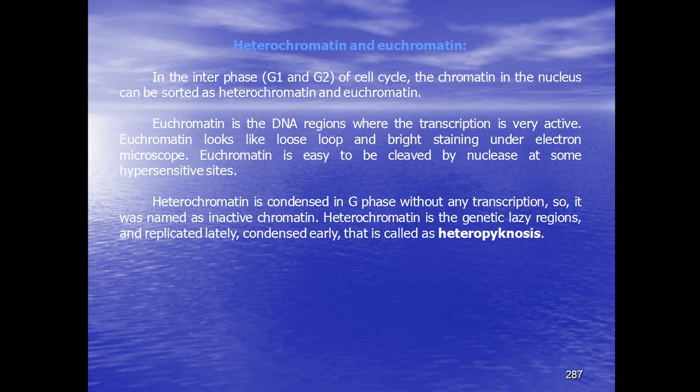Now, what is euchromatin? I have told you euchromatin is the light stained region, where the transcription is very active. That is where genes are very active, and it looks like a loose loop, and it takes bright staining under the electron microscope.